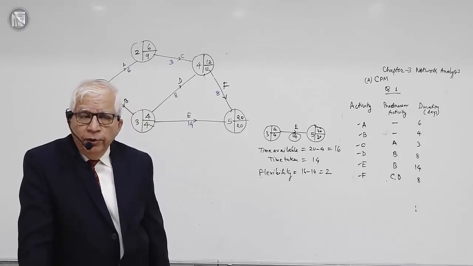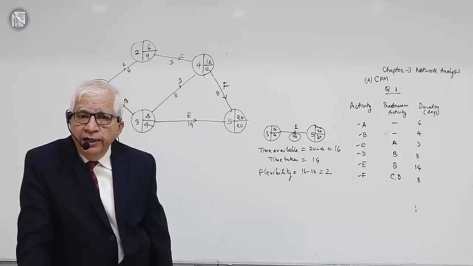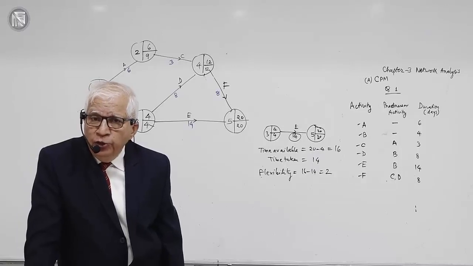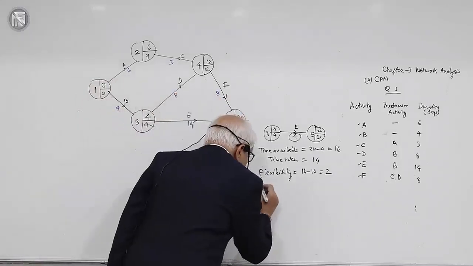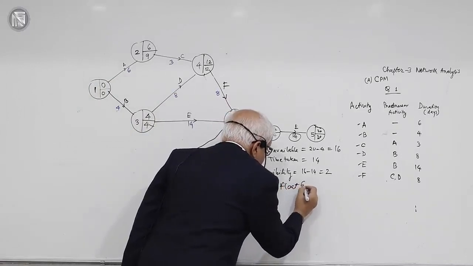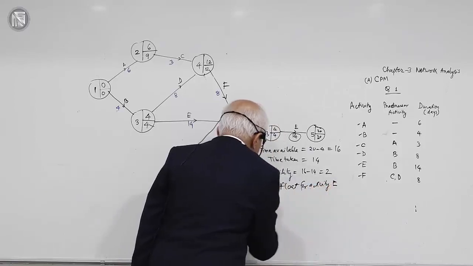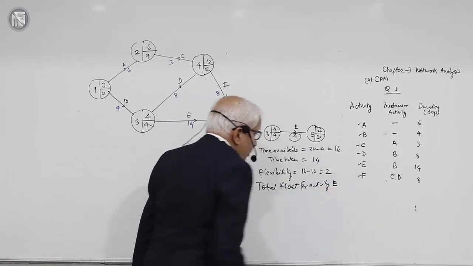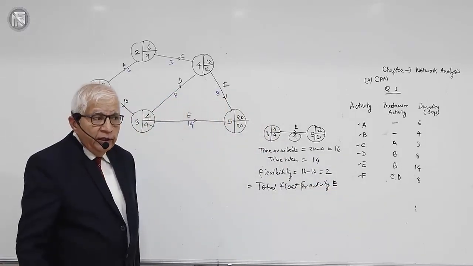That means because of some reason or the other, suppose the activity E is delayed, how much can it be delayed? It can be delayed maximum by 2 days, and this 2 days is therefore the total float for activity E. Obviously, for a critical activity, the float is 0.